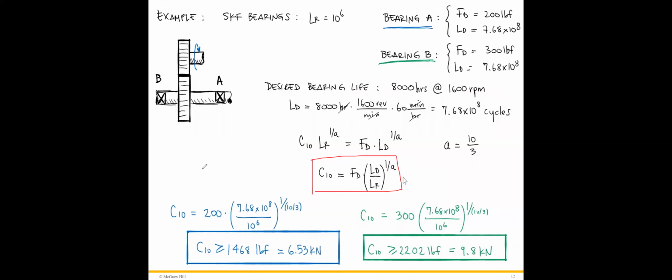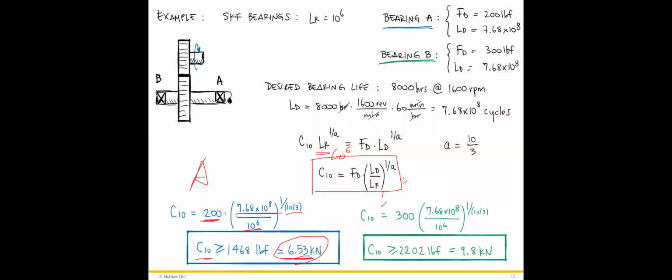For bearing A, we know the desired force and the desired life, and the LR of 10 to the 6. Then the user can select bearing A from the catalog. If the C10 is greater than 6.53 kilonewton, it's okay.